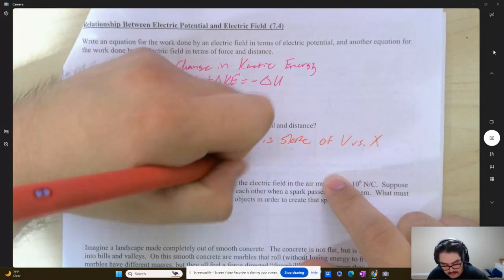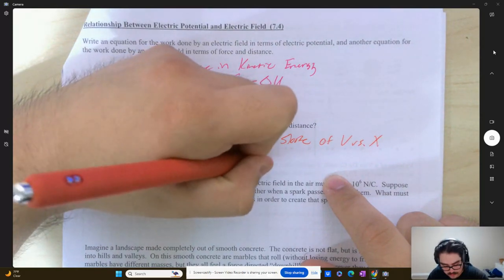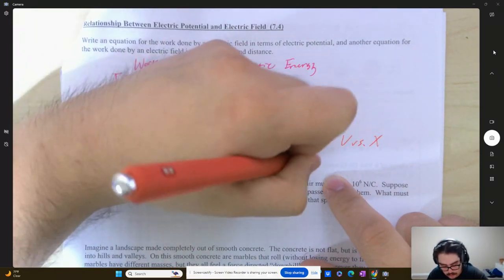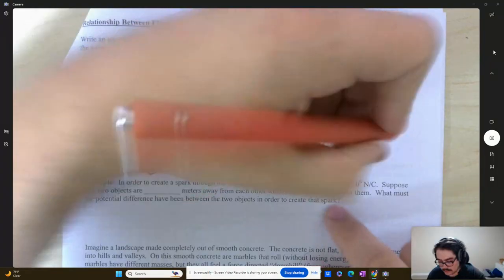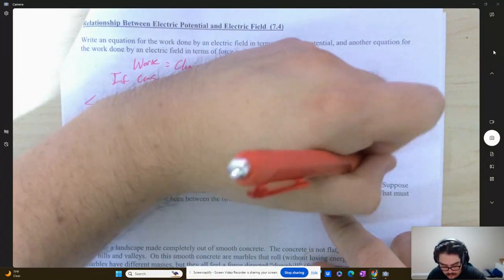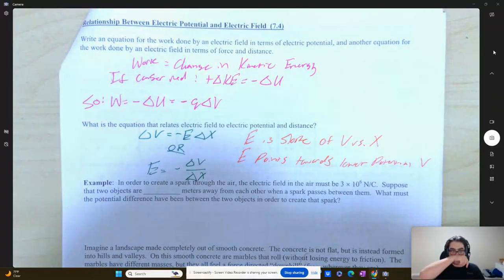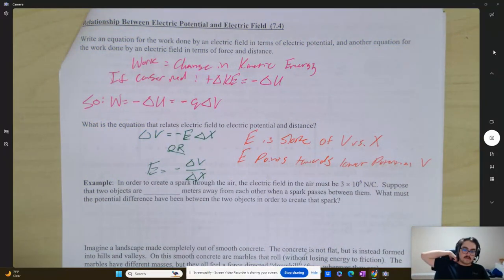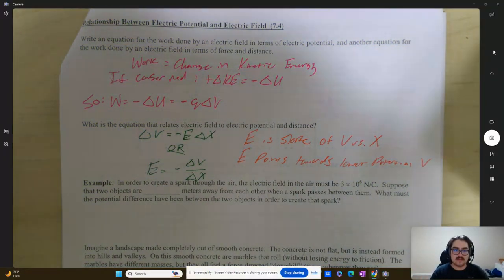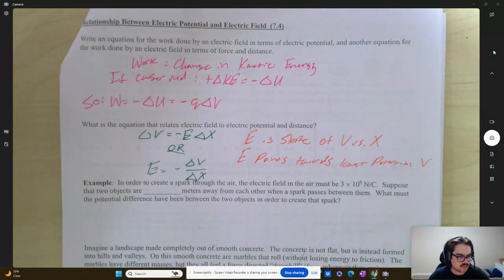You should also know that the electric field points towards lower potential. Positive charges are usually at positive potential, negative charges at negative potential. So in essence, the E field always flows from higher potential to lower potential.